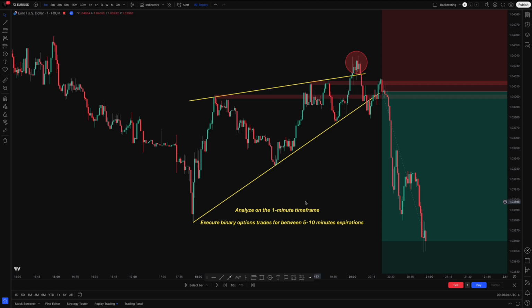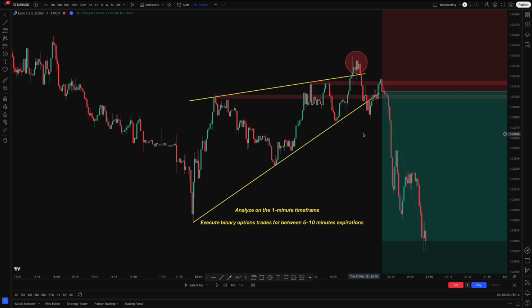So for example, when I'm going to trade flag patterns and price action, I prefer 10-minute expiration, so a 10-minute binary option. But here you can see that both 5-minute executions and 10-minute ones work, because right here, if we enter, there are 1, 2, 3, 4, 5 candles. Our 5-minute binary option will expire here, and the 10-minute will expire somewhere down here, also in profit.